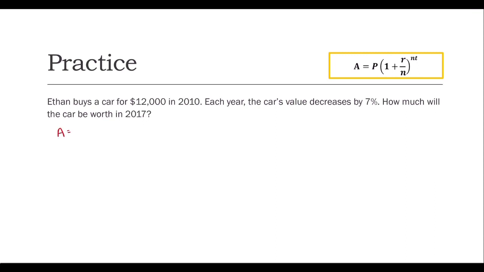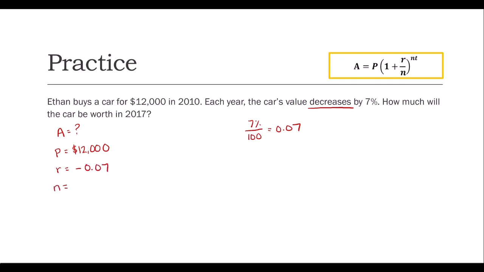We don't know our amount. Our principal, or initial amount, is $12,000. Our rate is 7% divided by 100, which is 0.07, and it says the value decreases, so our rate is negative 0.07.